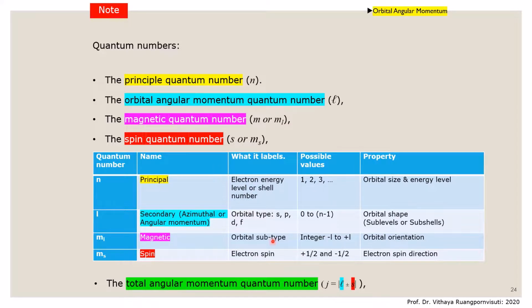For the magnetic quantum number, it labels the orbital subtype and its possible value is the integer from minus l to plus l. The property is the orbital orientation. The last one, the spin quantum number, labels the electron spin. Its value is plus half and minus half. The property is the electron spin direction, up and down.